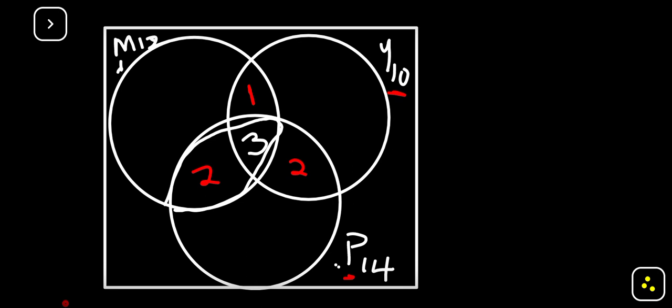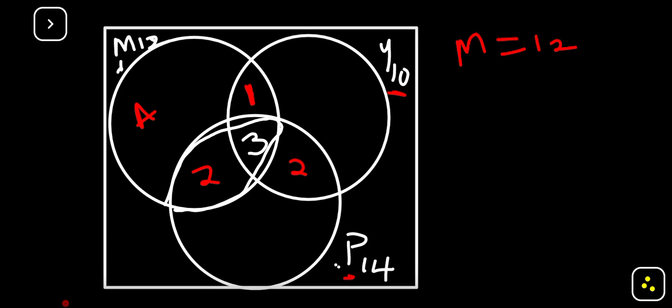Take note of M, which is maize. Maize is 12. Now, for us to get only maize, which is this part, we'll call it A, we need to remove any value that is attached to any other goods like yam and plantain. So 1 is also part of maize, 3 is also part of maize, 2 is also part of maize, but it's also attached to yam and plantain. When we remove those ones attached to yam and plantain, we'll get the value for only maize.